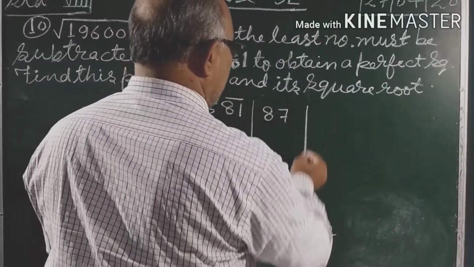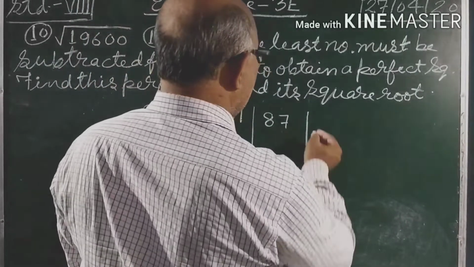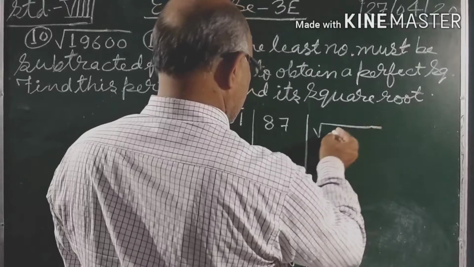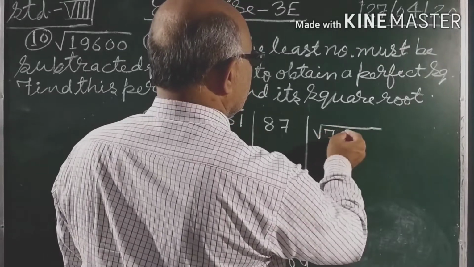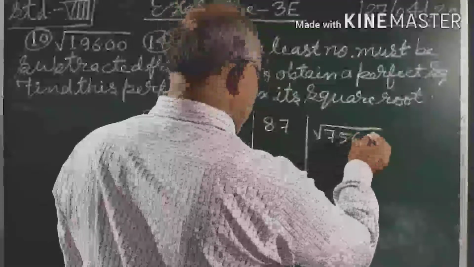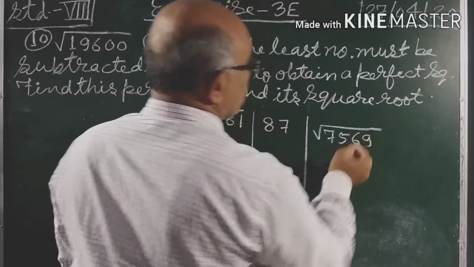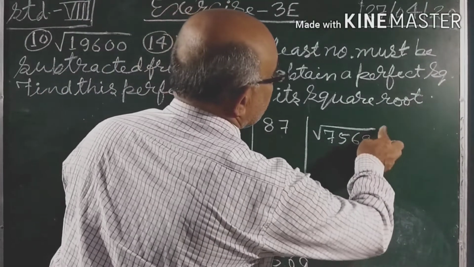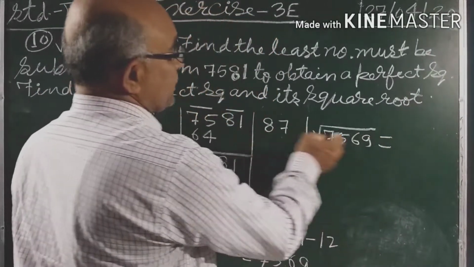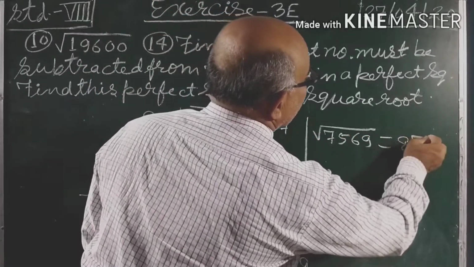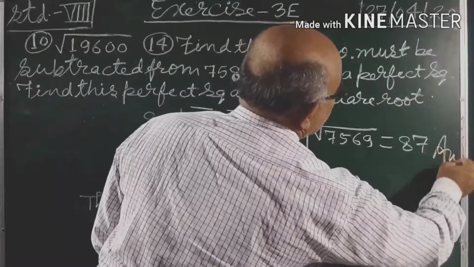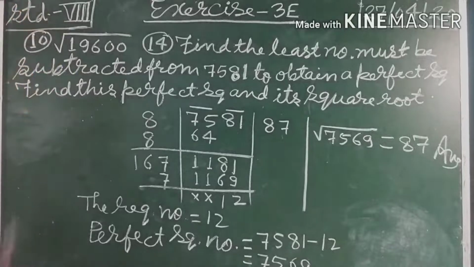Now the square root of this perfect square, under root 7,569, is equal to 87. 87 is the answer of this question. Write it.